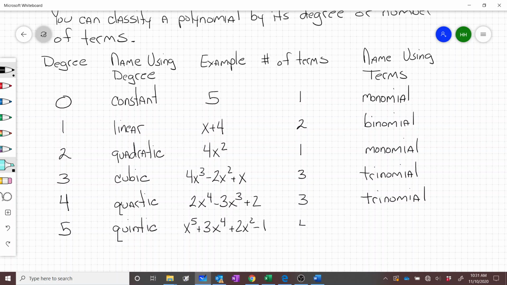This has 4 terms. And if you were naming it by terms, it would be a polynomial of 4 terms.